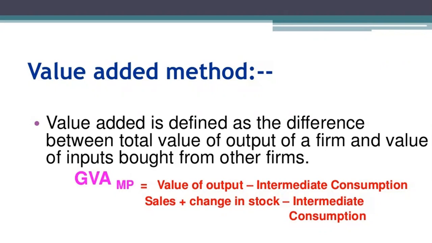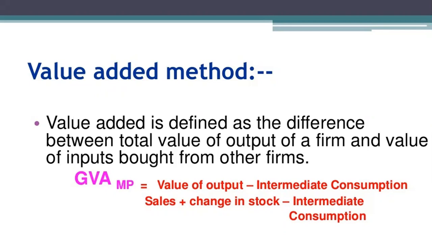Flour is an input and its value, 500 rupees, is termed the value of intermediate consumption, and the bread is the output and its value is 700 in terms of value of output. So the difference between the value of output and the intermediate consumption is termed the value added.